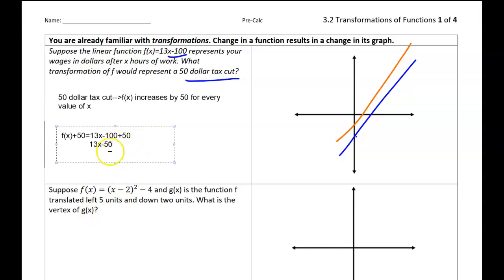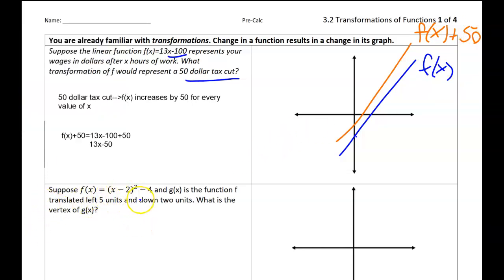So the government's still taking a little bit of money, but less money than before. So in our function notation, my original function is f of x. My new function, my vertical shift, is f of x plus 50. And that is a transformation, and that's an idea you're definitely familiar with. It's not so bad, right?